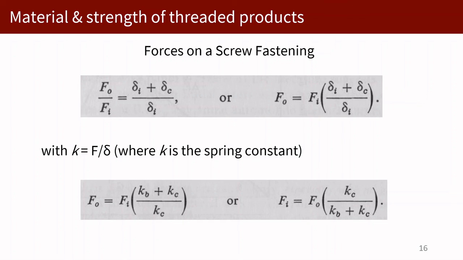So the bolt is treated as a spring. By Hooke's law, as a spring we call its property the so-called spring constant. So the spring constant by Hooke's law is equal to the force applied over the deformation.